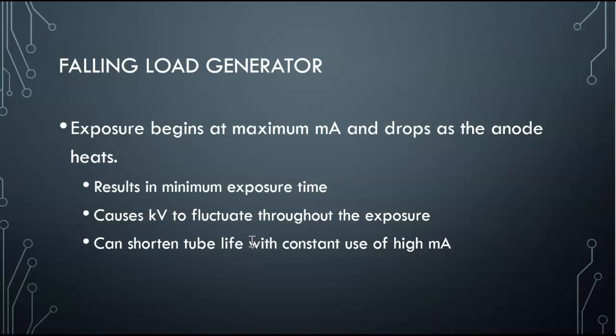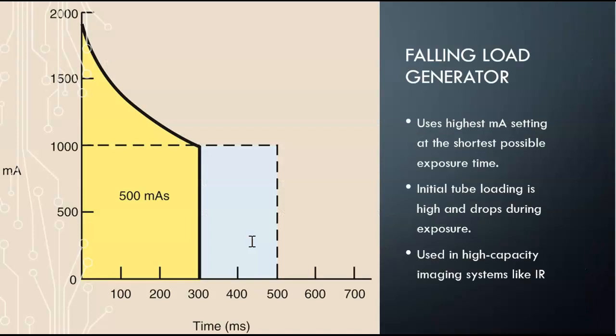Falling load generator. Here, exposure begins at max mA and drops as the anode heats. This results in minimum exposure time, causes the kVp to fluctuate throughout the exposure, and can shorten the tube's life with consistent use of high mA. So as you can see, here's our time. This is our mA.